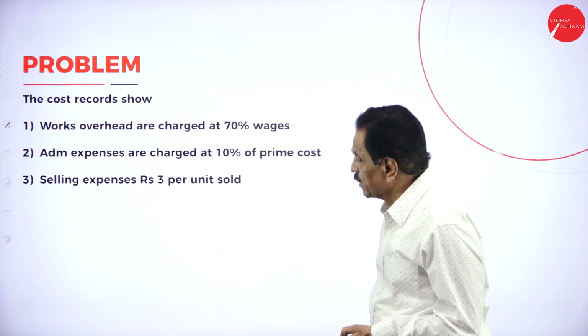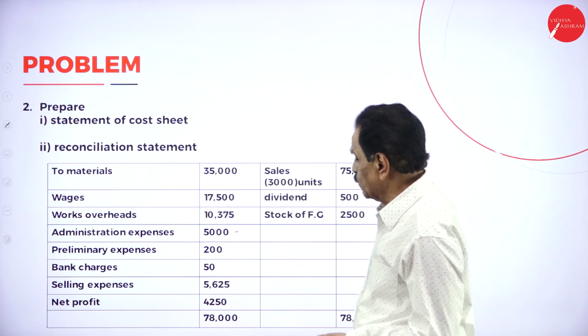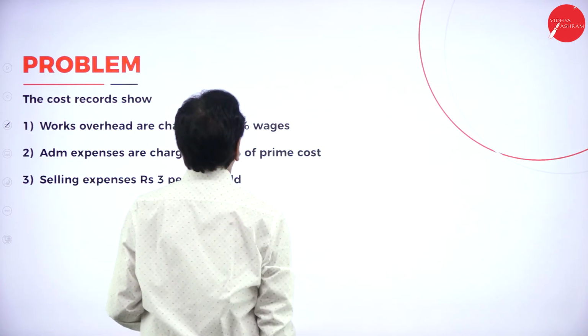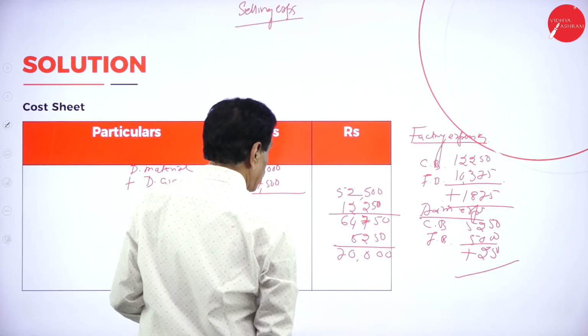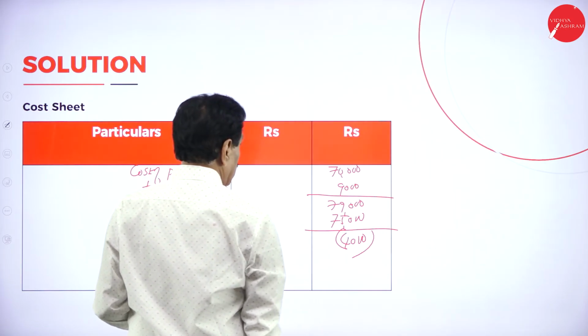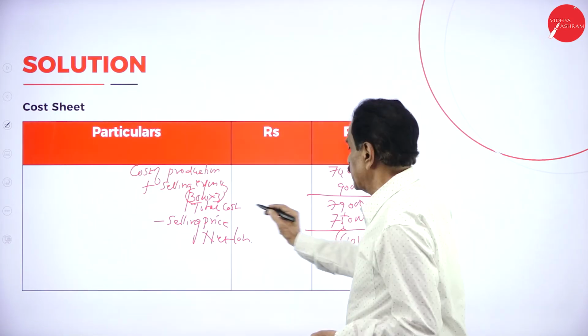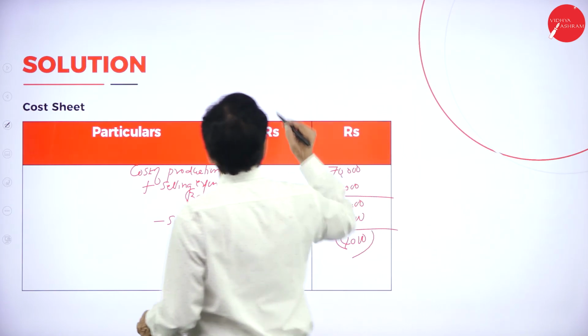Selling expenses. If you go here now, 5,625. Cost book selling expense is 9,000.